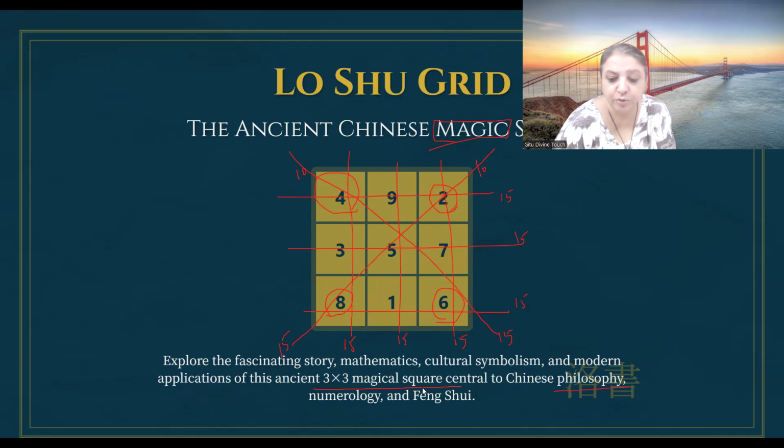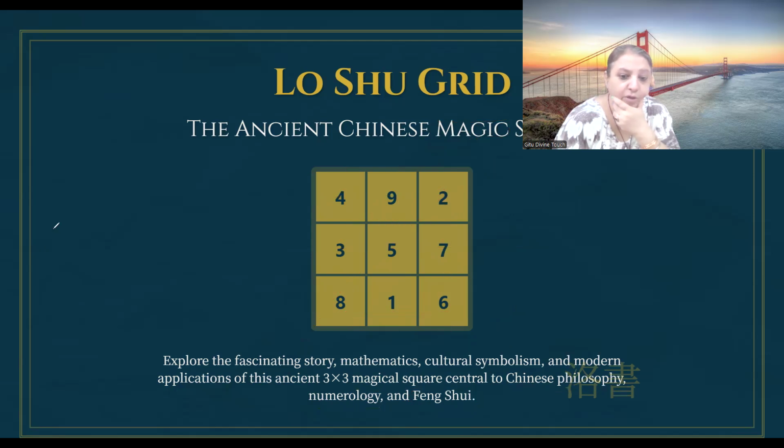It's connected to Chinese philosophy, used in numerology and feng shui. Feng shui is balancing elements. So all these numbers represent one particular element. Another thing you have to note in this square is that all corner numbers are even numbers: 2, 4, 6, 8.